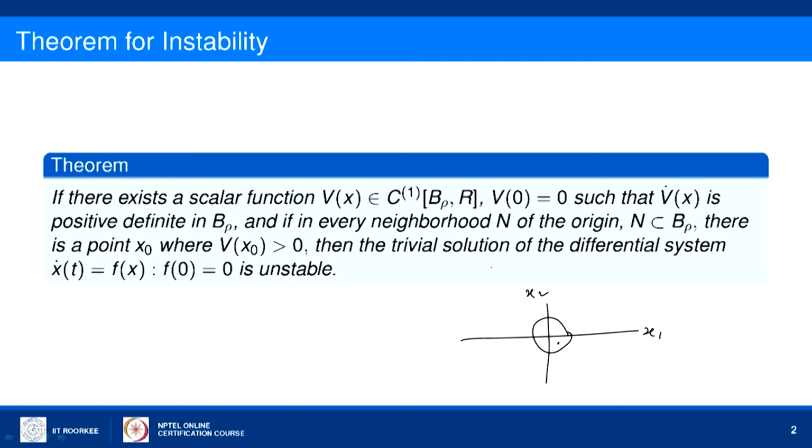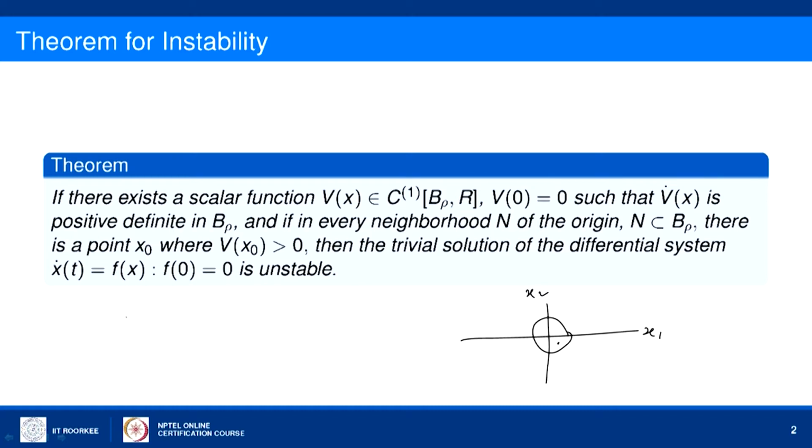So, the same theorem can be reversed. If v dot is negative definite and in every neighborhood we can find a point x naught, so that v of x naught is also negative, then the system again is unstable.